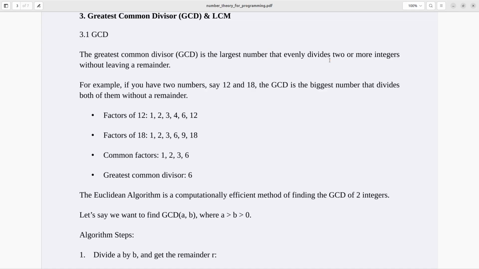For example, if we have 2 numbers, say 12 and 18, the GCD is the biggest number that divides both 12 and 18. We can check the factors of 12 and 18 to see the common factors: 1, 2, 3, and 6. The greatest common factor is 6. That means the GCD between 12 and 18 is 6.